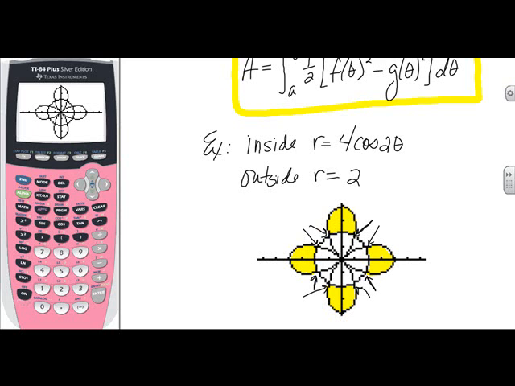So basically you've got to solve the equation 4 cosine of 2 theta equals 2. When do these two curves equal each other? When are the r values the same? At what values of theta are the r's exactly the same? So you're looking at cosine of 2 theta equals 1/2.